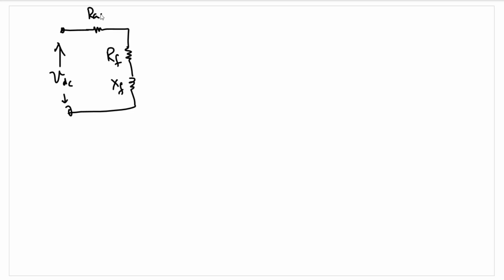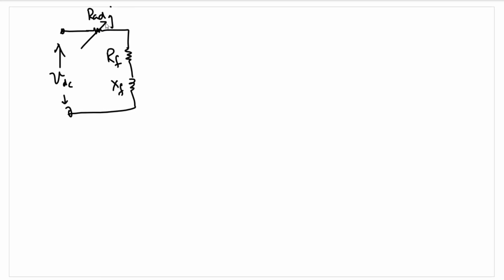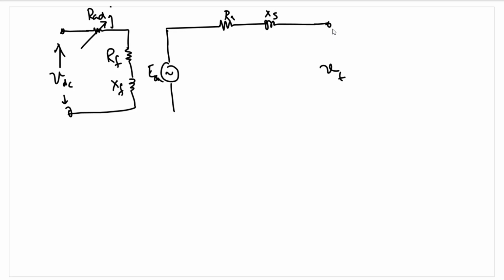And there is an adjustable R. Accordingly, a voltage is induced in the armature, which has its own resistance and the synchronous reactance, and the available voltage to us is Vt.